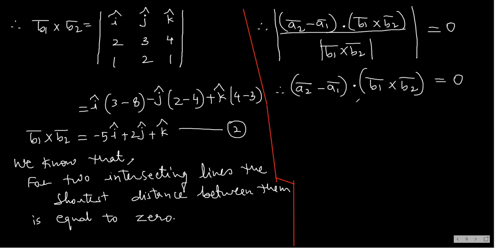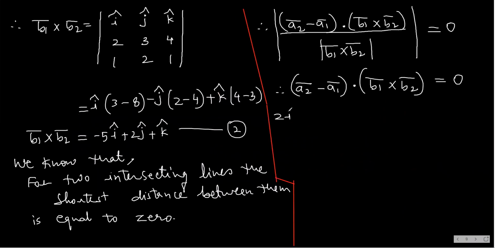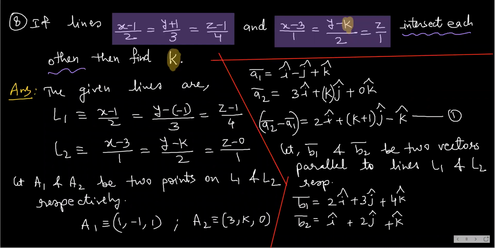Now substitute these vectors and get an equation in which you will find k and then solve for k. So here you have A2 bar minus A1 bar as 2i cap plus k plus 1 j cap minus k cap.